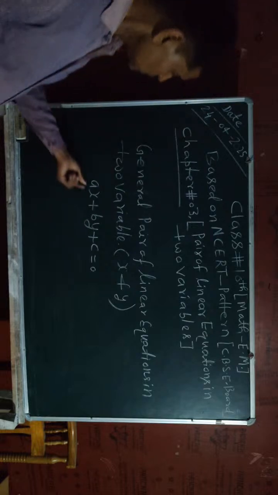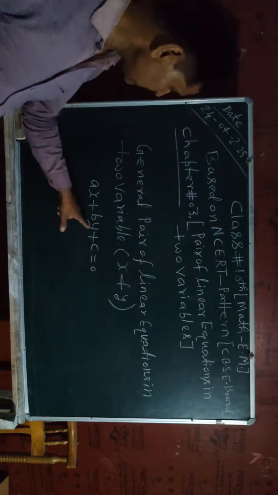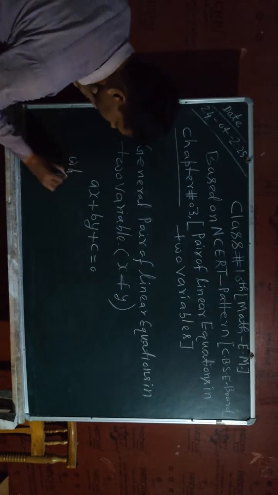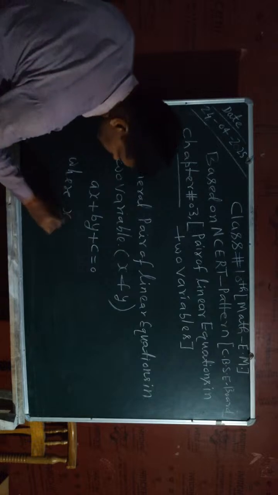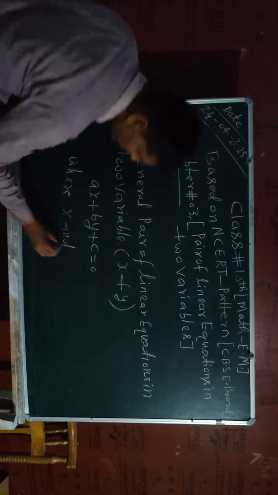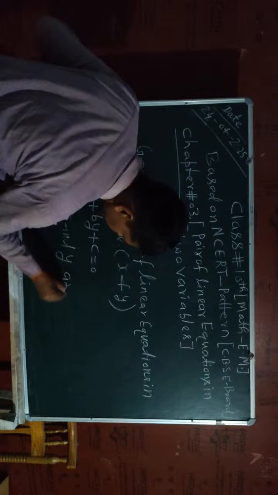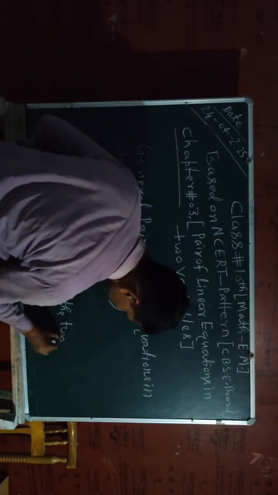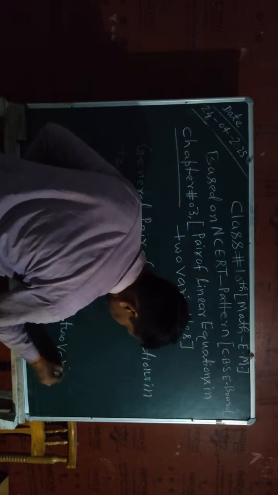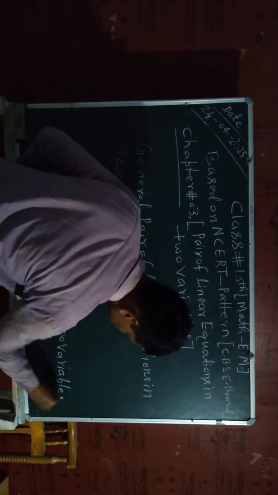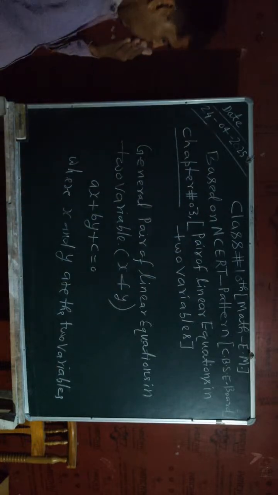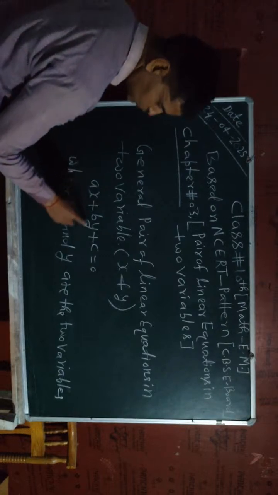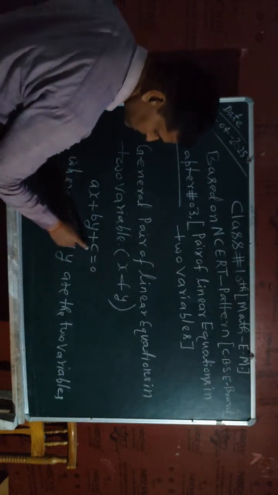One variable is x and the other variable is y, where x and y are the two variables. Here a is the coefficient of x and b is the coefficient of y, but c is the constant term.